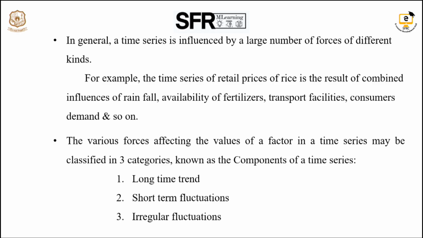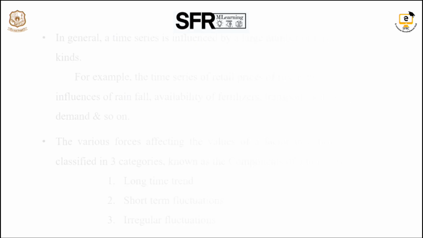The various forces affecting the values of a factor of time series may be classified into 3 components. They are long time trend, short term fluctuations and irregular fluctuations. What is meant by the long time trend?